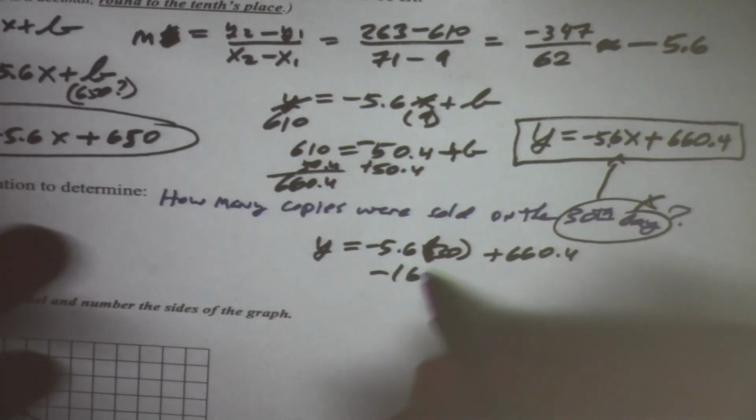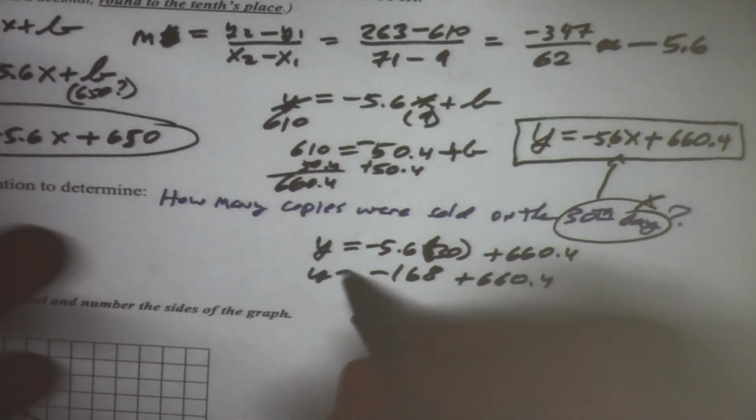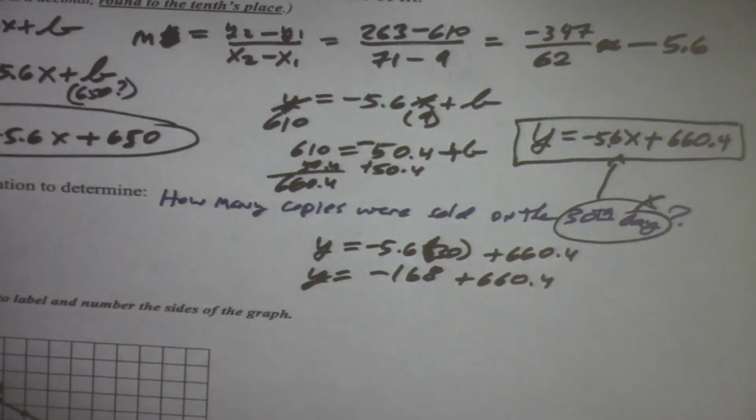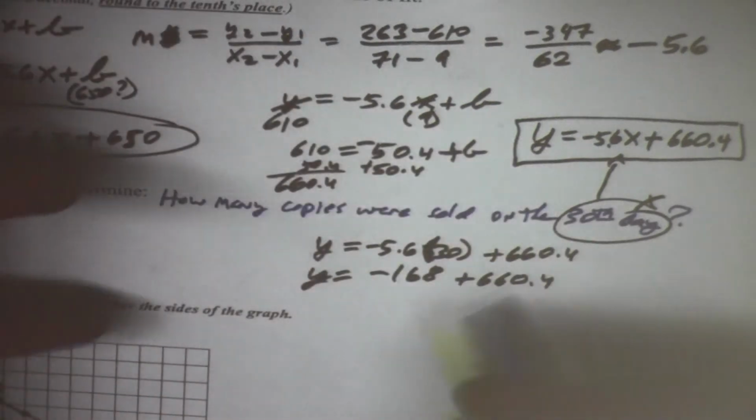So it's negative 168 plus 660.4. That means I would do 660.4 subtract 168, and I get an answer of 492.4.